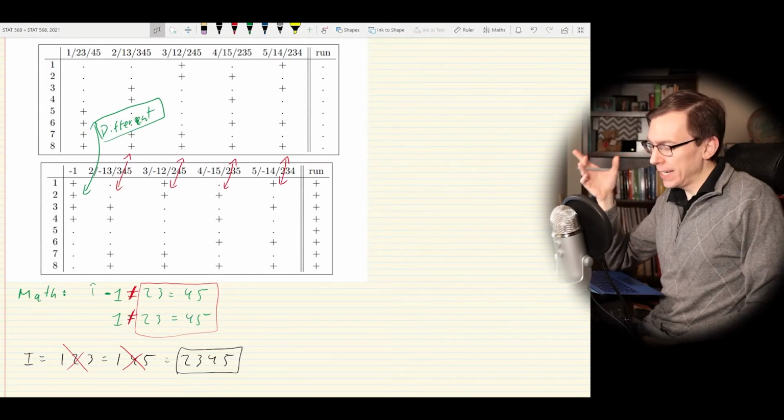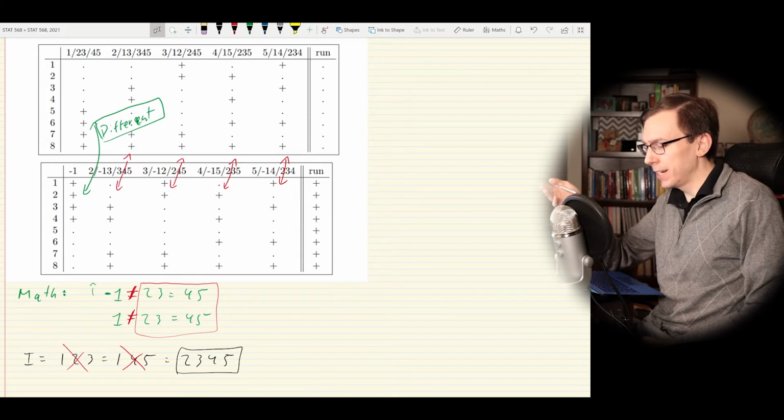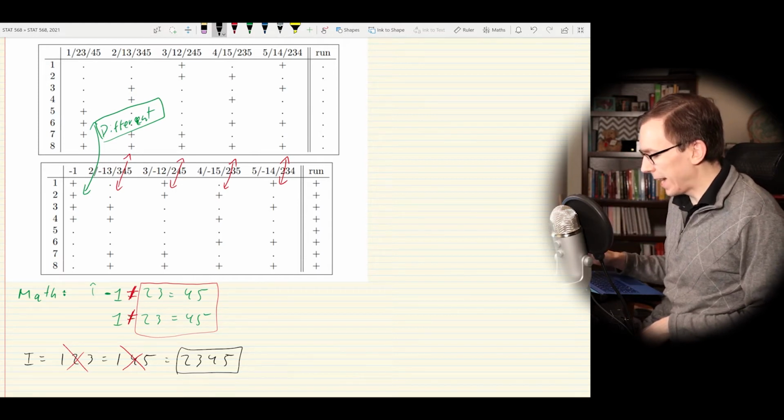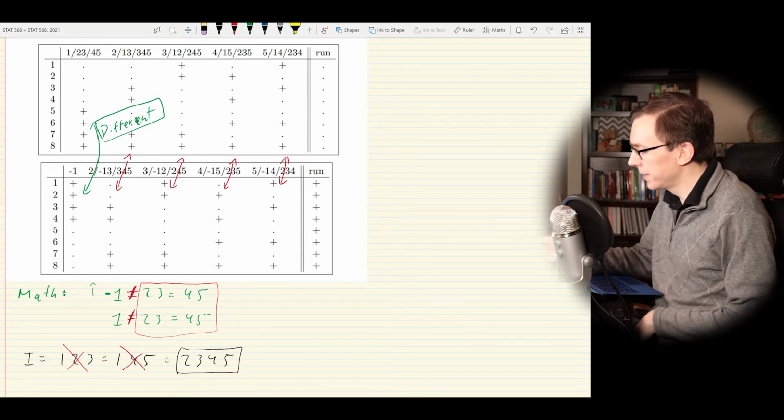So by running a follow-up design here, or using this fold-over technique, what we've done is we've de-aliased 1 from its two-way interactions. I'll write it on the side here.